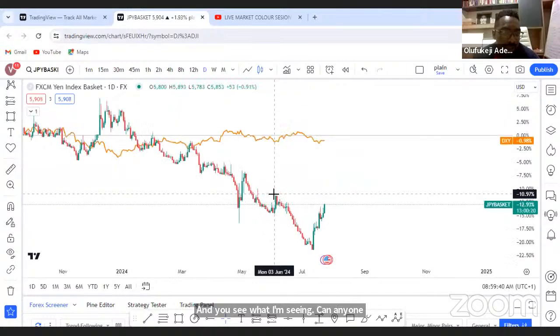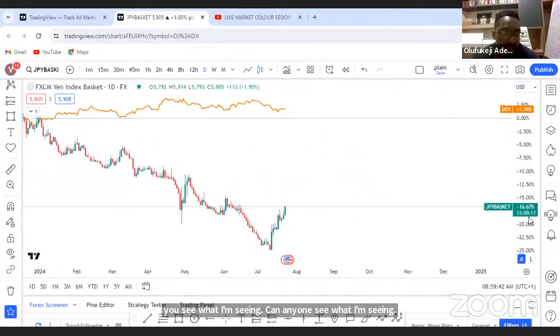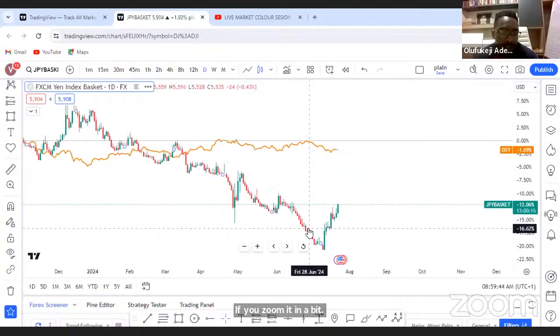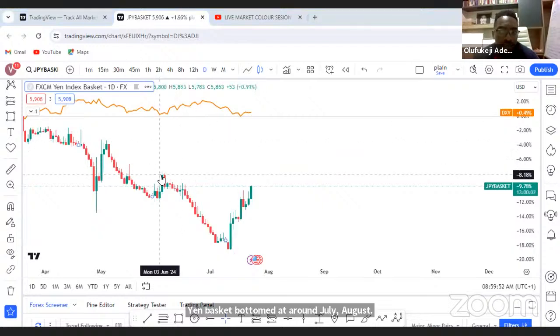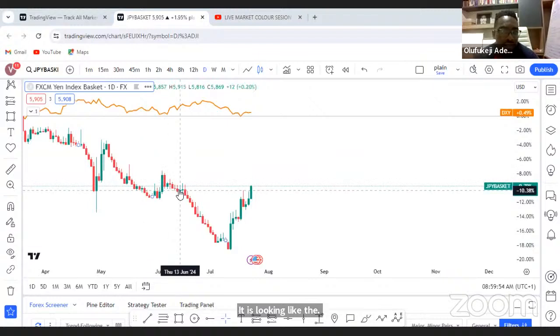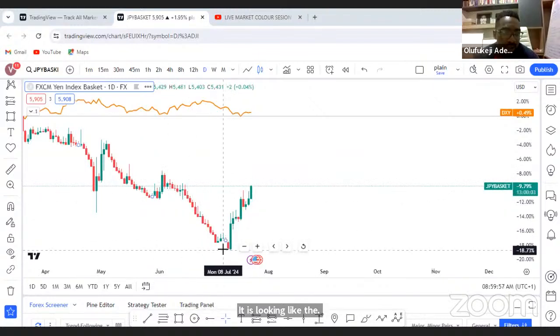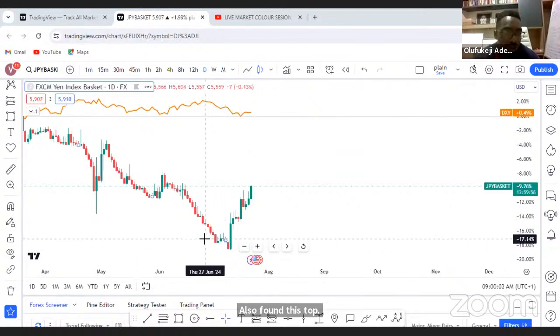If you zoom in a bit, you can see that whilst the yen basket bottomed at around July, August, the US dollar index also found its top about 2-3 weeks ago. That top there, exactly.